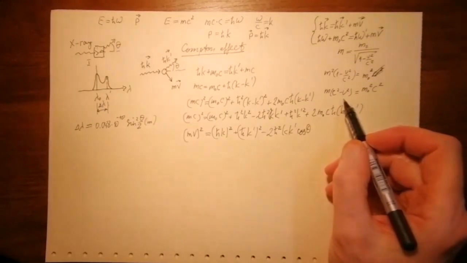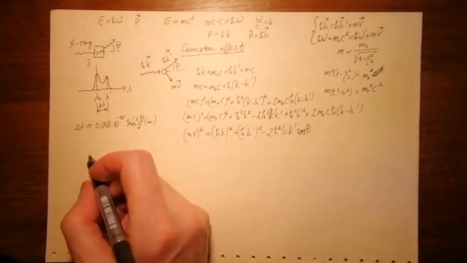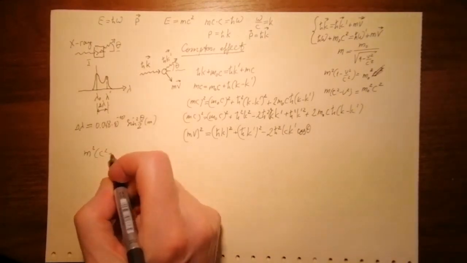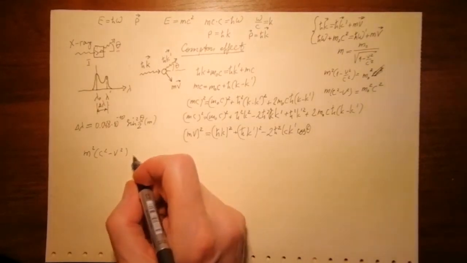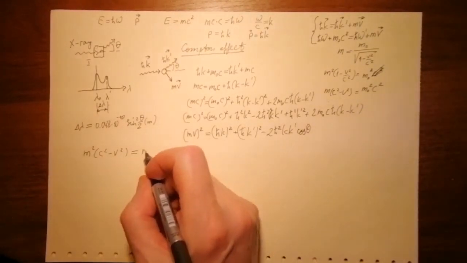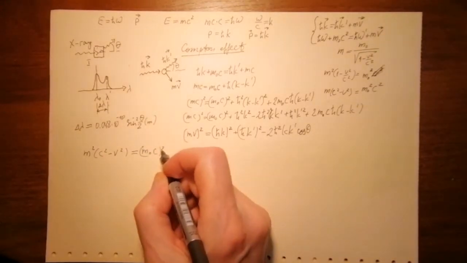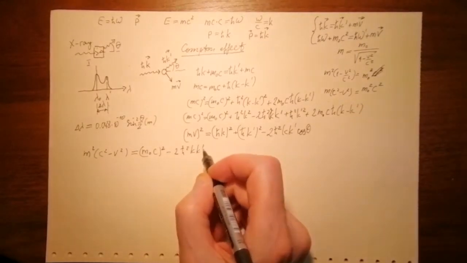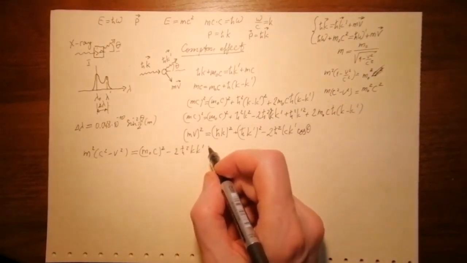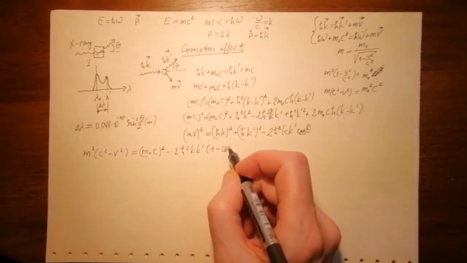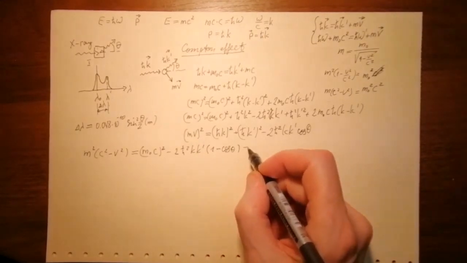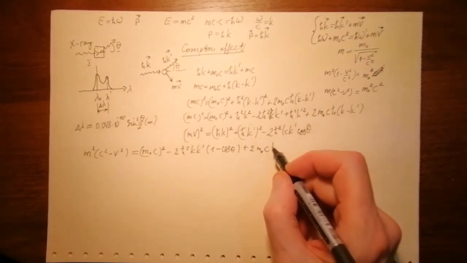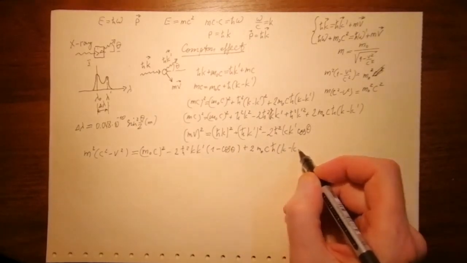So, in order to do this, we write m squared (c squared minus v squared) is m0 c squared minus 2h squared k k prime (1 minus cosine theta) plus 2 m0 c h (k minus k prime).